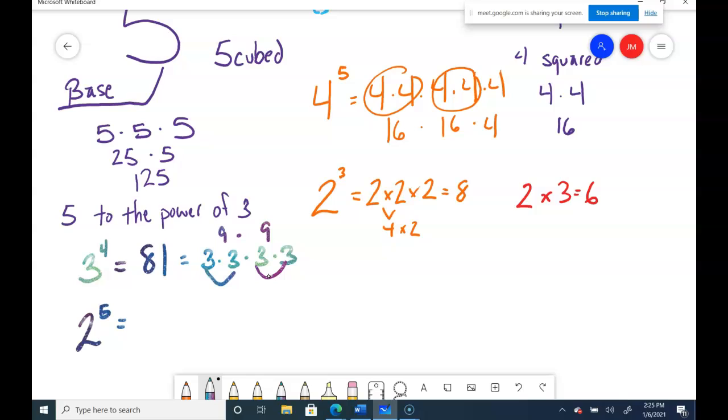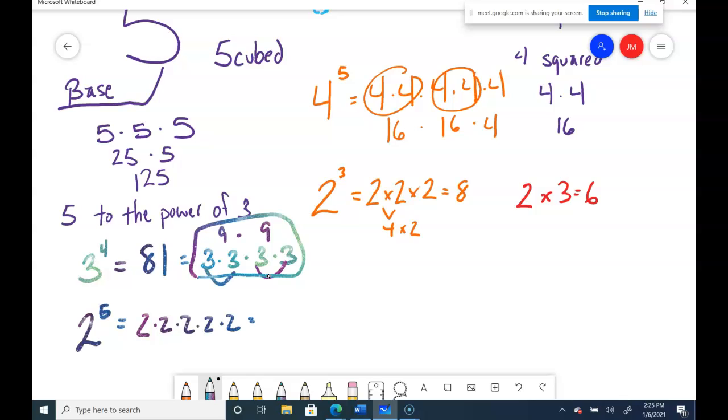How would you write 2 to the power of 5? This is called expanded form right here. How would we write 2 to the power of 5 in expanded form? 2 times 2 times 2 times 2 times 2.